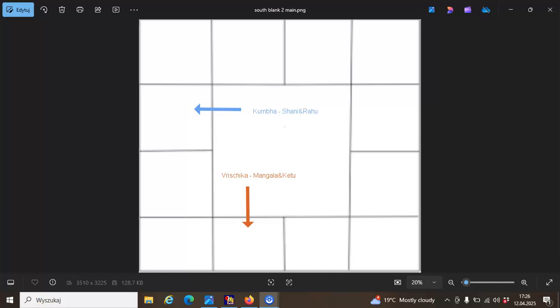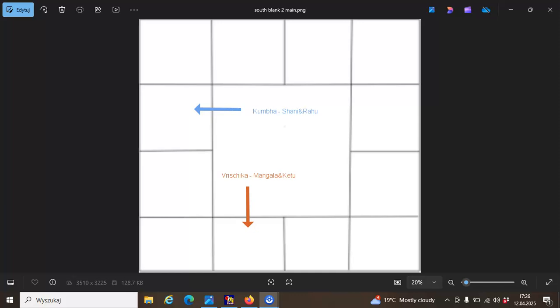Those two signs, Rashis, as you can see on the screen, have two co-rulers each. The sign of Rishika has Mangala and Ketu as its co-rulers, and the sign of Kumbha has Shani and Rahu as co-owners, okay?